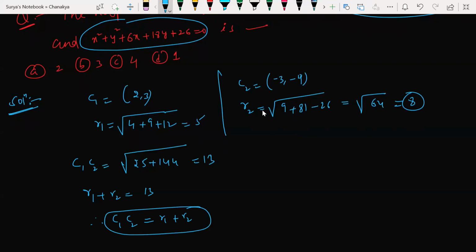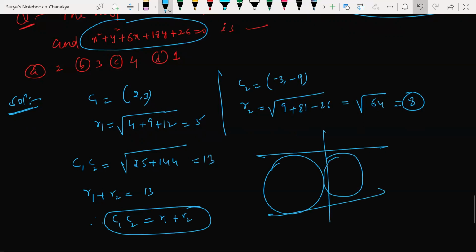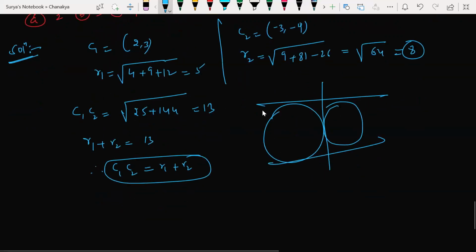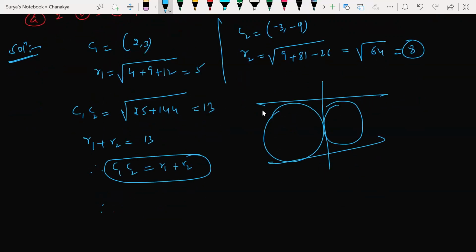This condition is possible when? This is the condition when two circles touch each other externally, like this. Isn't it? 1, 2, 3. Clear? So the number of common tangents is what? Therefore, three common tangents can be drawn when you have this condition.